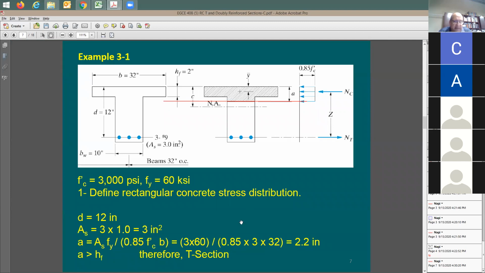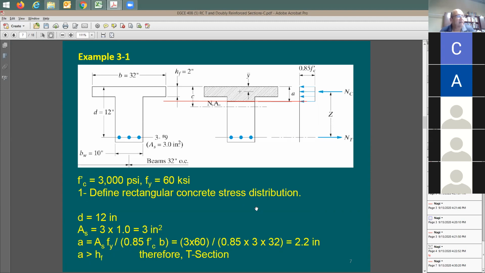How can I find this? I'm going to set compression equal to tension. Therefore, A equals AS Fy, where AS is 3 and Fy is 60 ksi, divided by 0.85 times 3 ksi for the strength of the concrete, divided by B, which is the flange width in this case. This is going to be the width exposed to compression, so B is 32 inch.